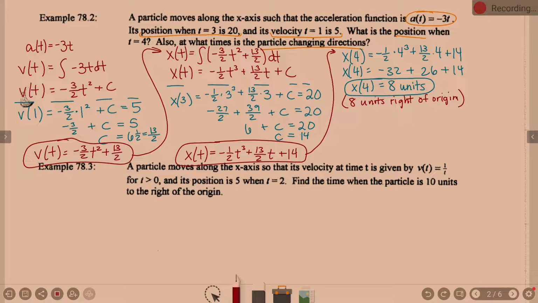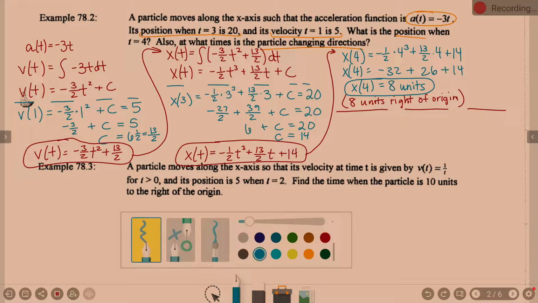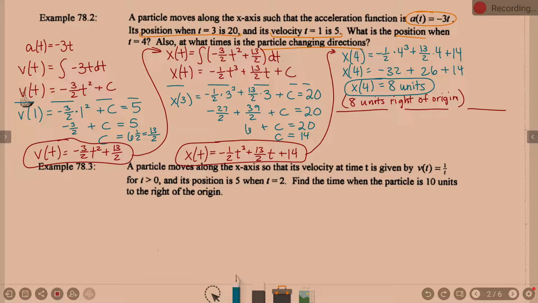We had something else to find too, didn't we? Also, at what time is the particle changing direction? Okay, so when does something change direction? When that velocity goes to 0.